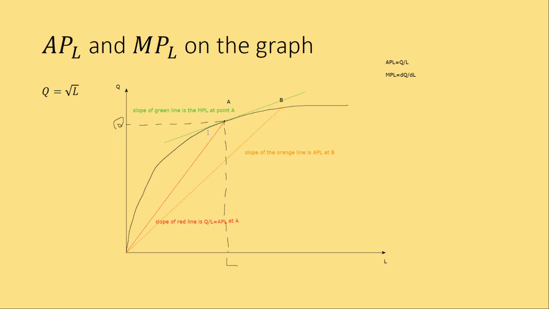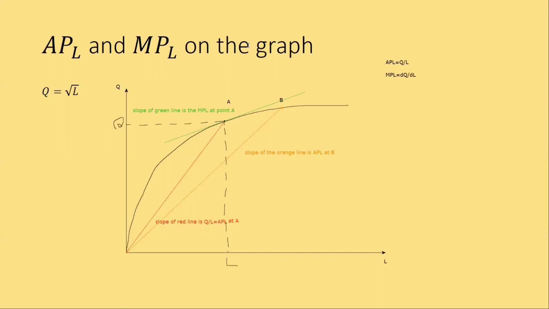We can see that given this production function, the slope of the green line is smaller than the slope of the red line, right? Green line is flatter, the red line is steeper. So the marginal product of labor at point A is smaller than the average product of labor at point A.